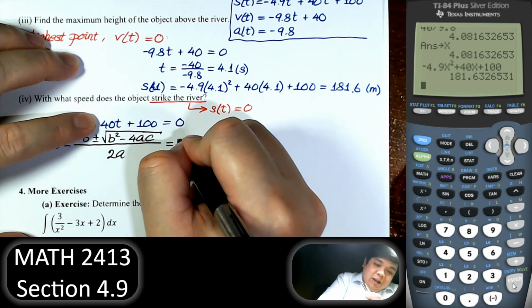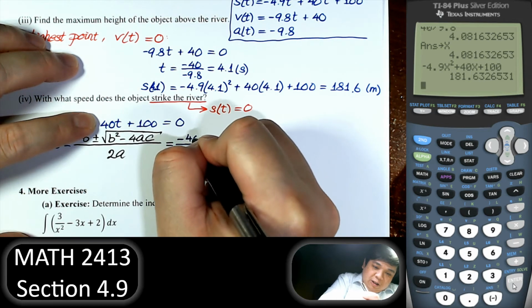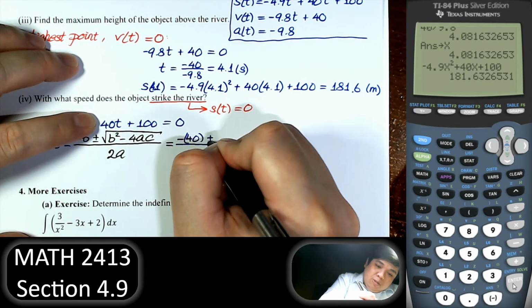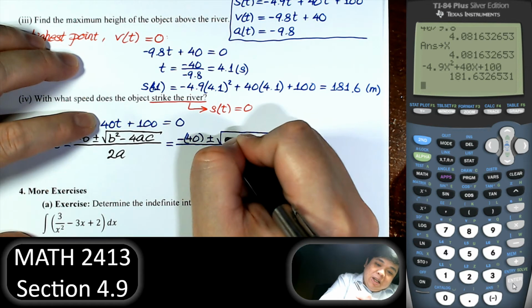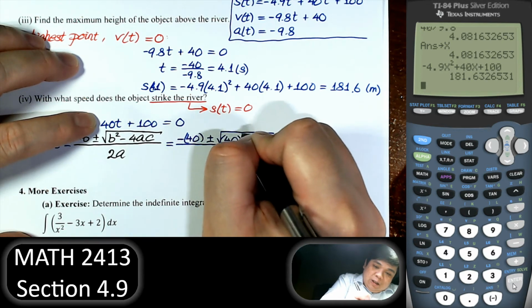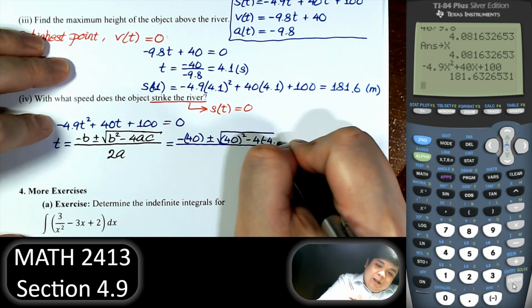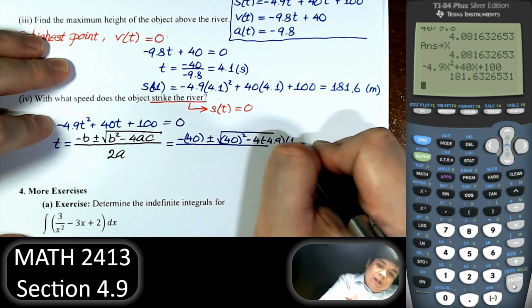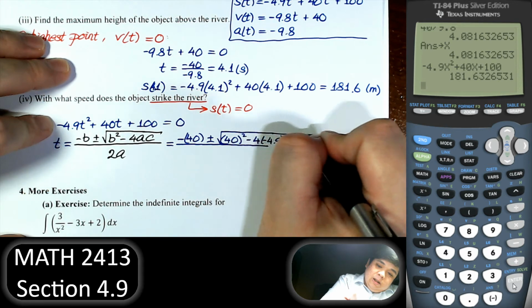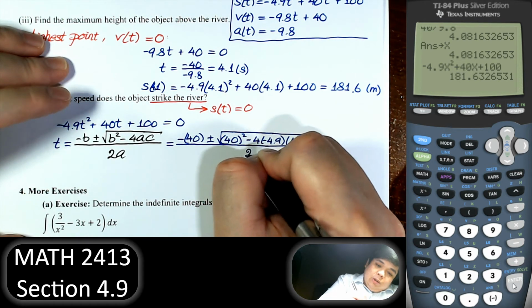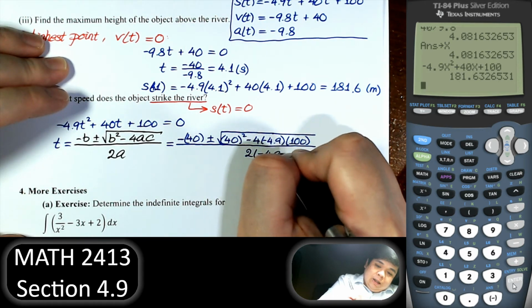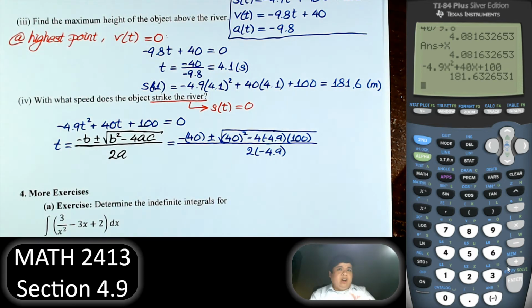Negative b plus or minus the square root of b squared minus 4ac, over 2a. Right, we'll enter the whole thing here.